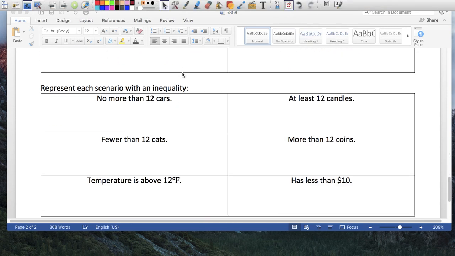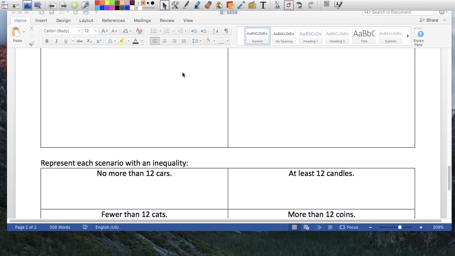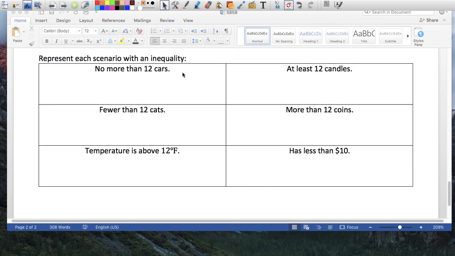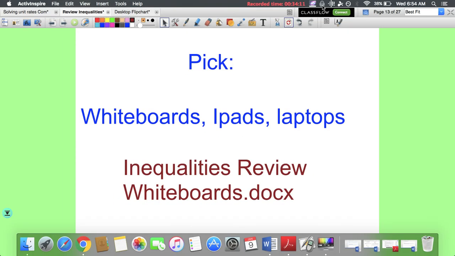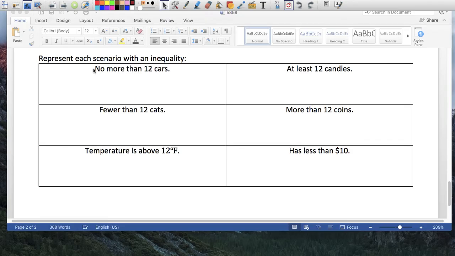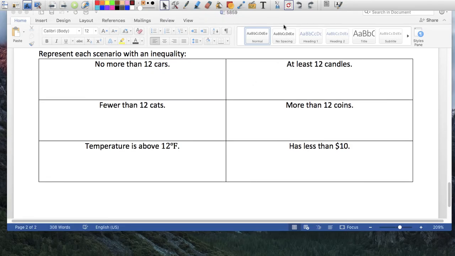So now I have no more than 12 cars. So again, I like it this way, where my variables are on that side and my numbers always on the right side.